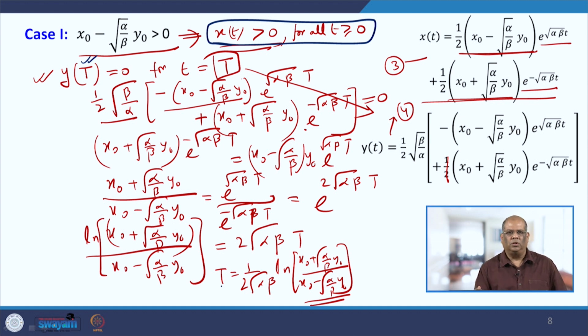So, the troops of army B become 0 in some finite time, whereas the troop for army A is still positive. So, army A wins the battle.